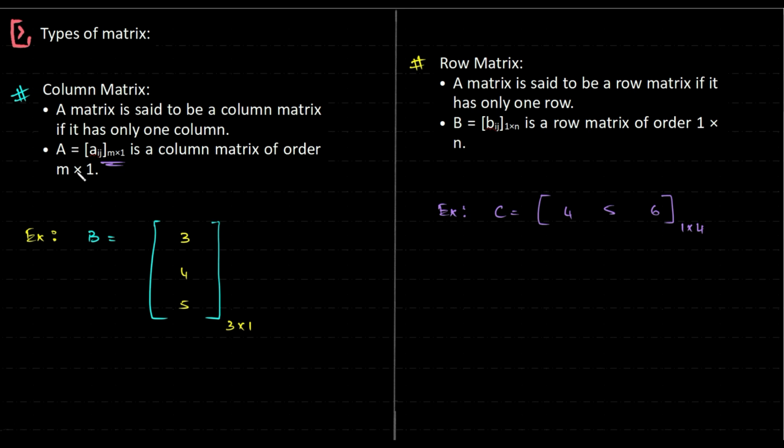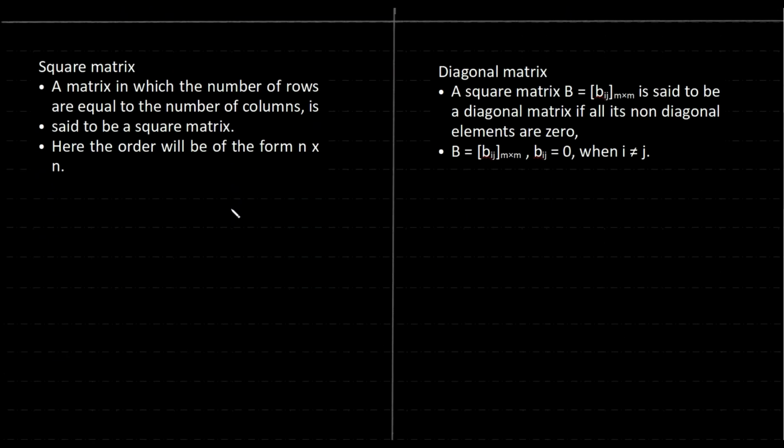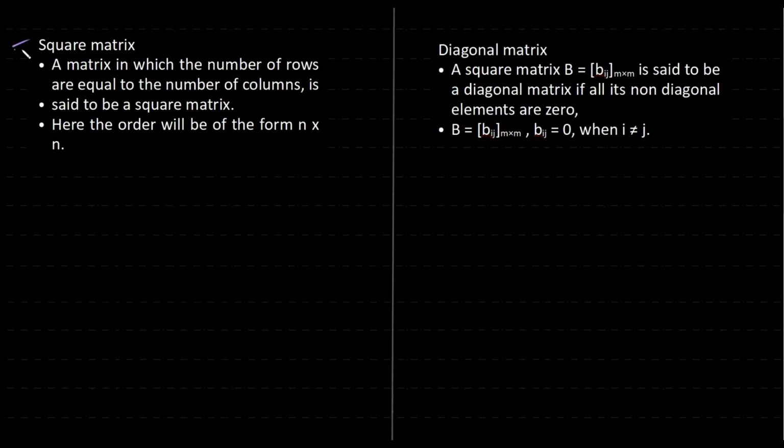A column matrix is of the order m by 1, a row matrix is of order 1 by n. This general representation too, you have to get familiar with. It's not that hard, and in time you will get used to it. We have numericals on that actually.